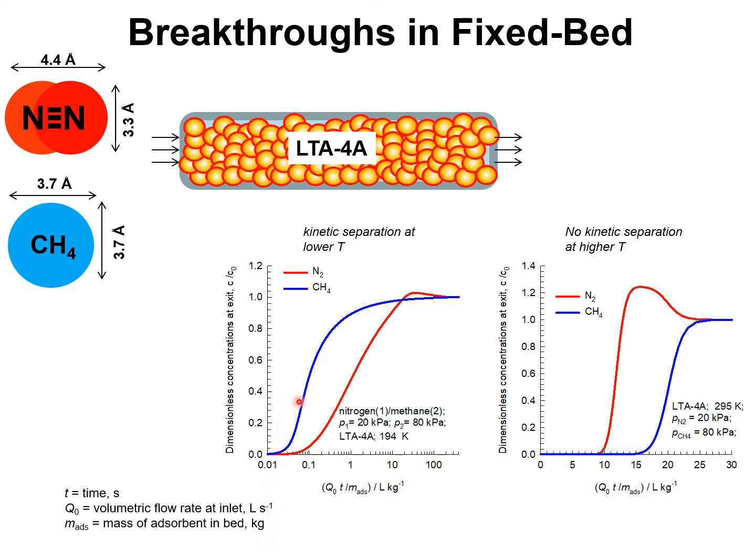We note here, since the methane exits the fixed bed earlier than nitrogen, it is possible to recover purified methane meeting pipeline specifications. So kinetic separations with LTA 4A zeolite are feasible at 194 Kelvin.